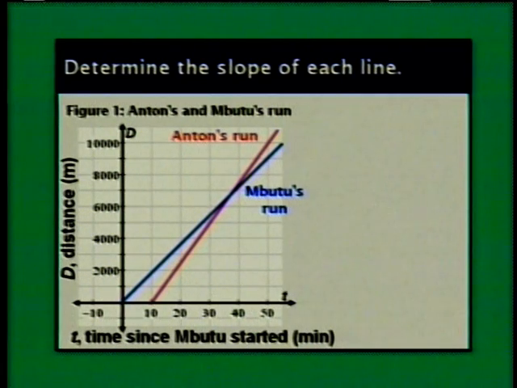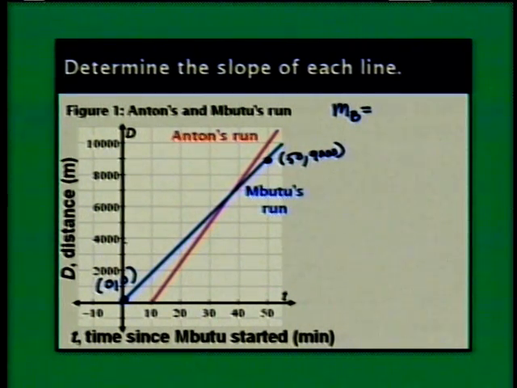But they asked us to find the slope of each line, so let's do it. Let's determine the slope of each line by finding a couple of ordered pairs on the lines. Let's start with Mobutu's run. I see that the origin is on the blue line, and it also appears that the ordered pair (50, 9,000) is on this line. So when I calculate the slope of the blue line, which represents Mobutu's run, I'm going to look at rise over run.